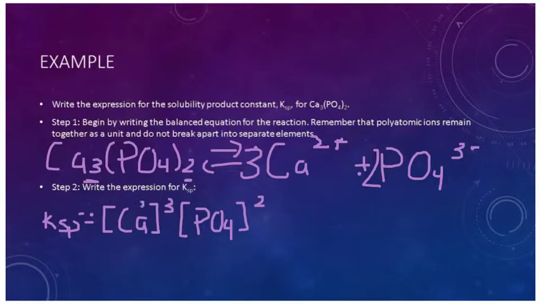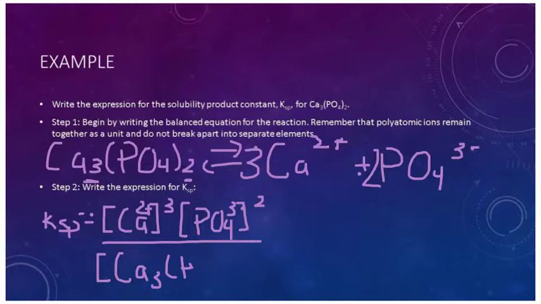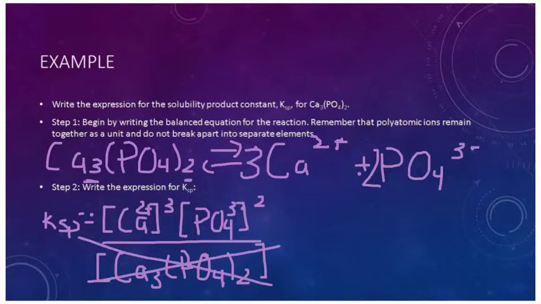We have to remember to write in our little ions divided by the concentration of the reactants. Okay, but this Ca3(PO4)2 is a solid, so it's not included in our KSP expression.